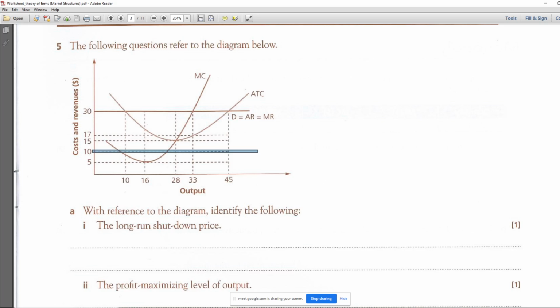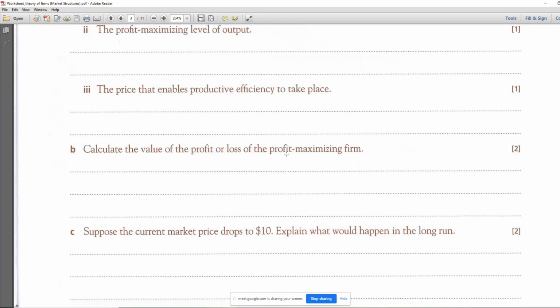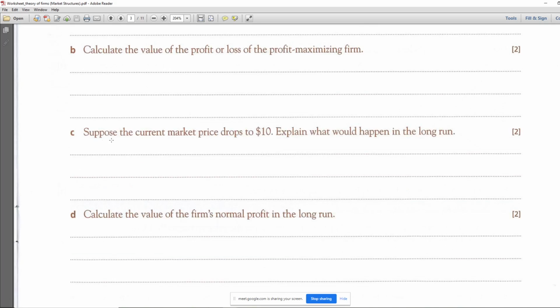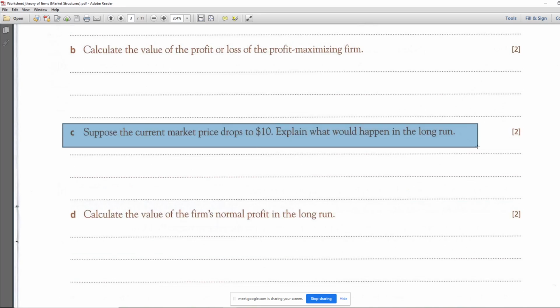When you draw your market diagram, when more firms leave, the market supply will decrease, and that will push up the price until it gets back to $15, where people are earning normal profit. So that's C, that's the answer for C.